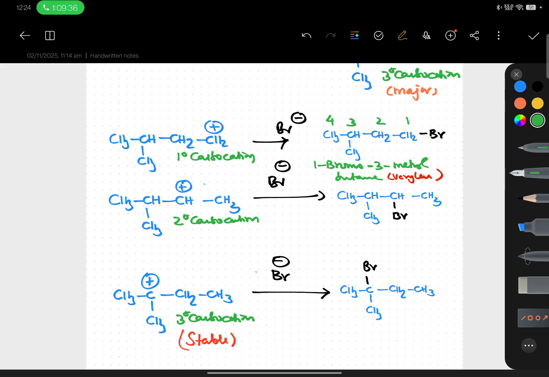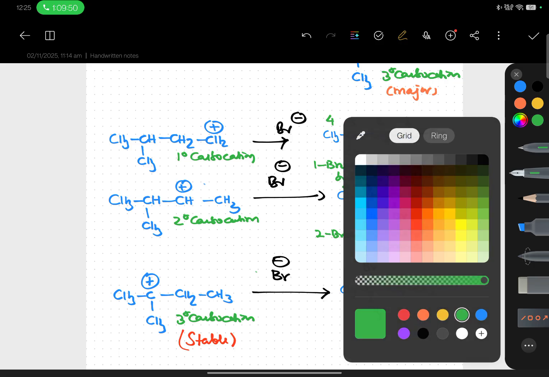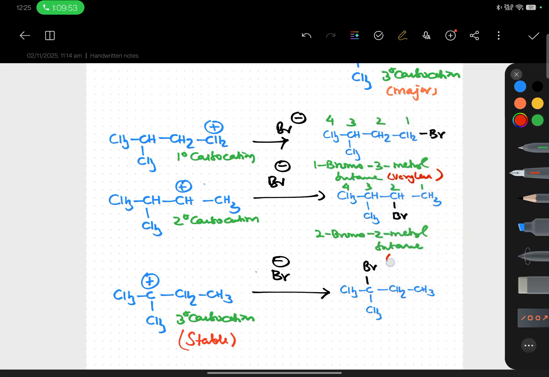What about this? How do you name this one? 1, 2, 3, 4. So it is called 2-bromo-2-methylbutane. This will be minor. Which will be the maximum?